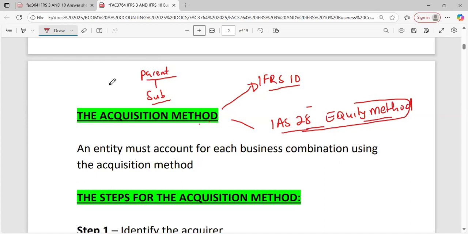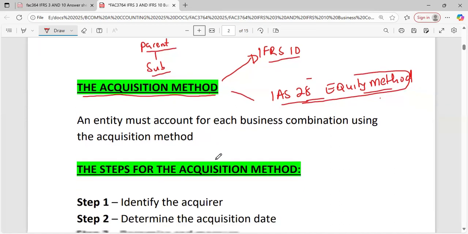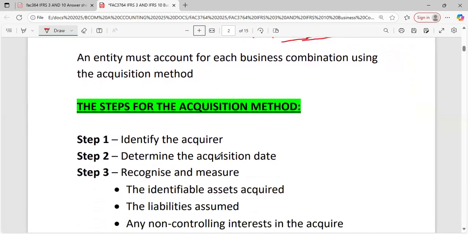You will see that it will be a combined question for the acquisition method and the equity method. So when you are reading a question, you must be able to understand this is the equity method and this is the acquisition method, so that you treat it appropriately.